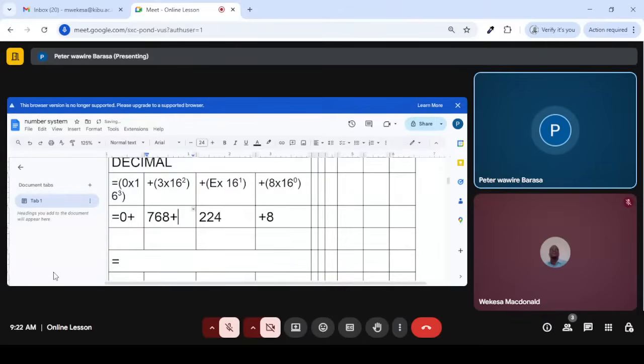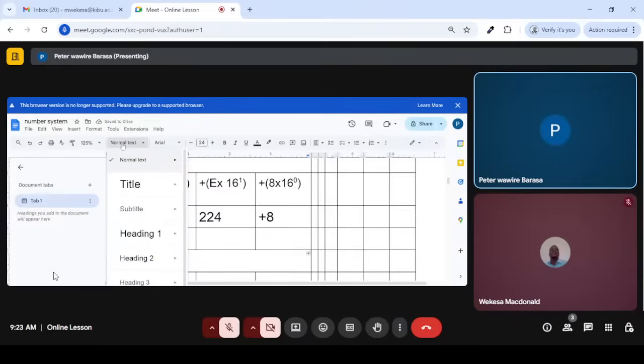So the answer here, it will give you what? It will be 768 plus 224 plus 8. So it gives you 1,000. And this is base 10. 1,000 base 10. So I put it so that I can show the sign.